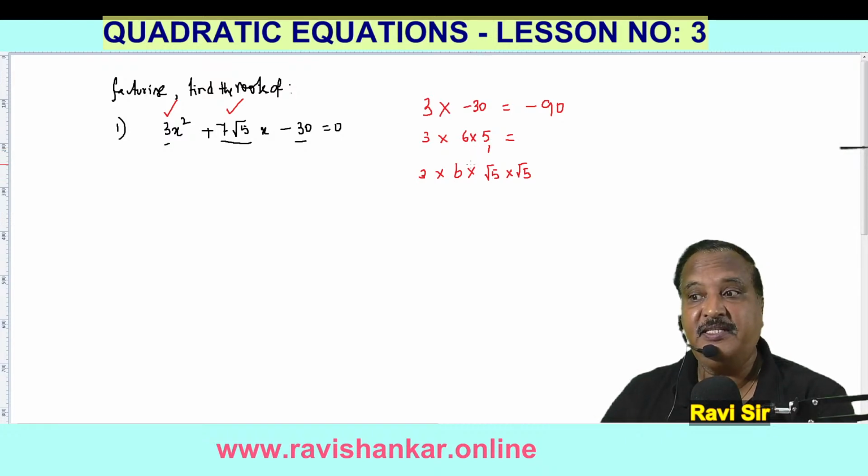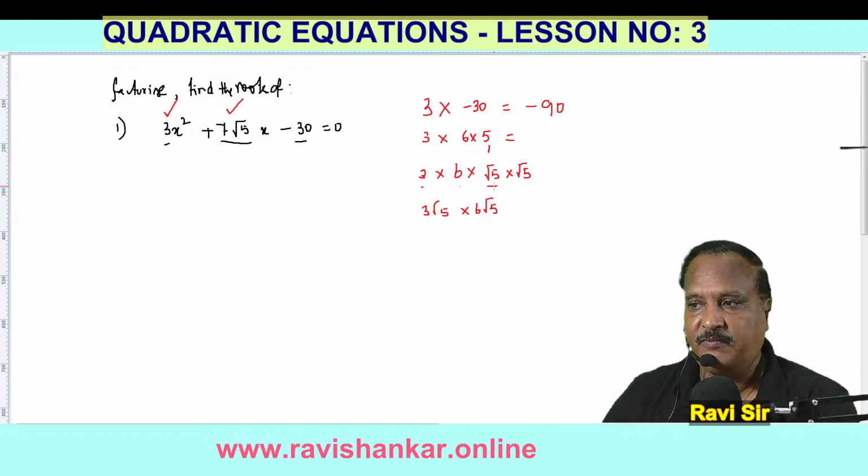In this way you have to bring root 5 into the factors. You can attach this root 5 here or here also. So now 3 root 5 into 6 root 5. That means I have put root 5 to 3 and 6 also. So the total answer is 90 only.